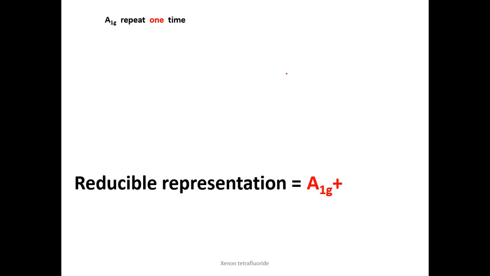Now if you sum up all these things, it will come out like this. A1g is repeated one time, so here you write A1g once, and A2g is repeated 0 times, so you will not write this. B1g one time.